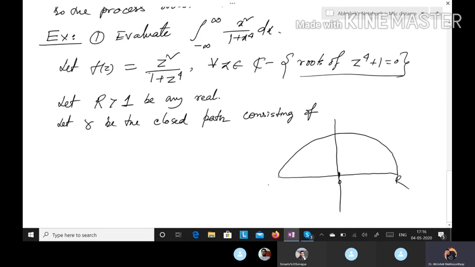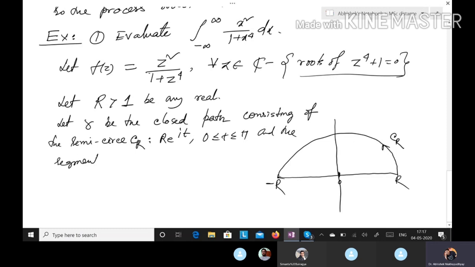So this is R, this is minus R. Let gamma be the closed path consisting of this semicircle, which is denoted by CR, that is R e to the power it, 0 less or equal to t less or equal to pi, and the segment from minus R to R. That is, gamma is the union of CR and this segment.